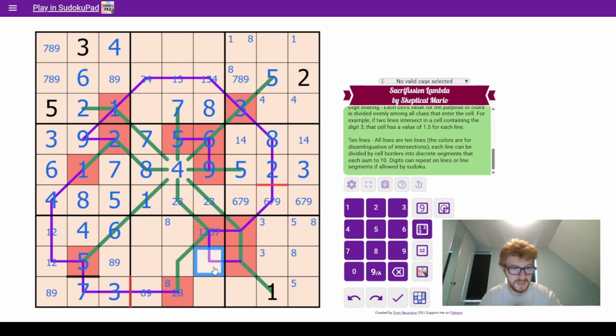Could that be a 7? Could that be a 7? 7 needs 3 more. So it could be with a 6.